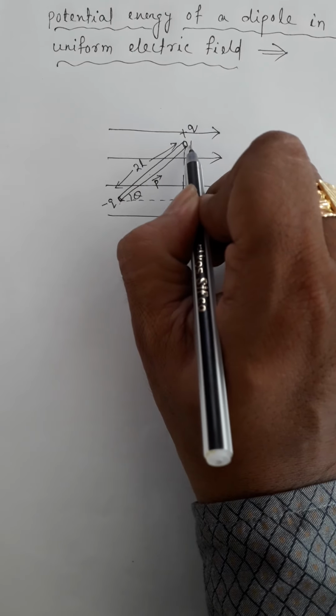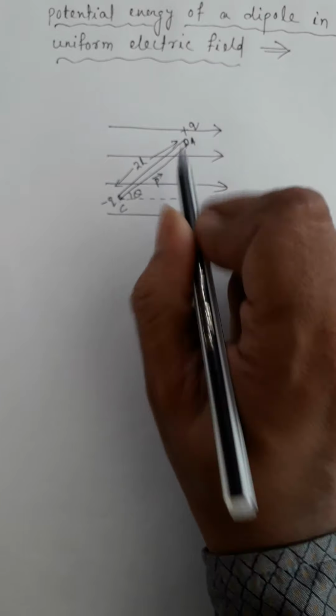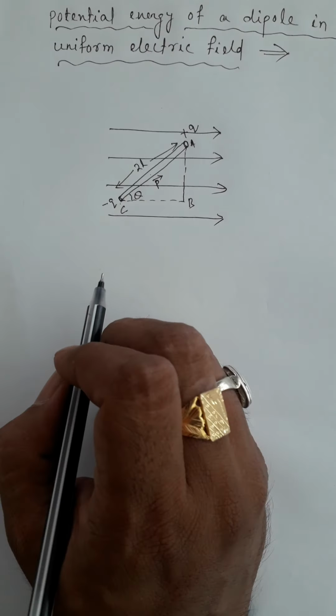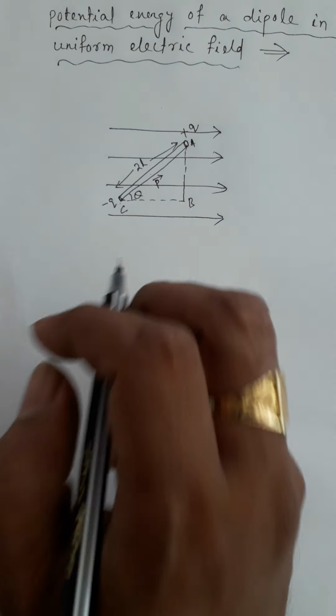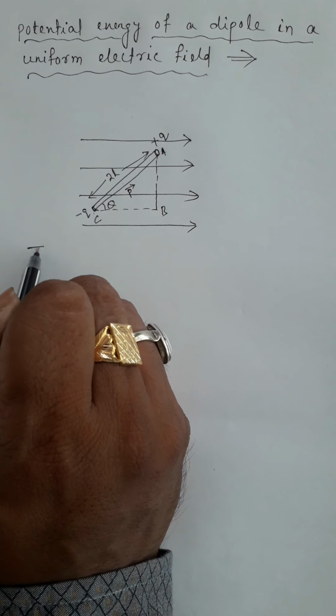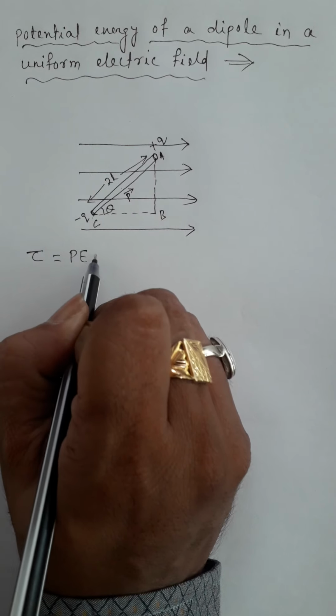Suppose this is A, this is B, this is C. So AB is the perpendicular distance between them, and we have to calculate potential energy. Torque on the dipole tau is equal to pE sin theta.